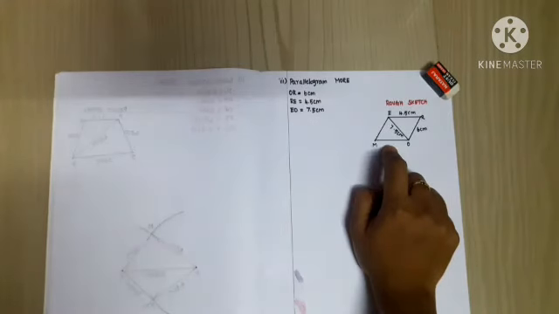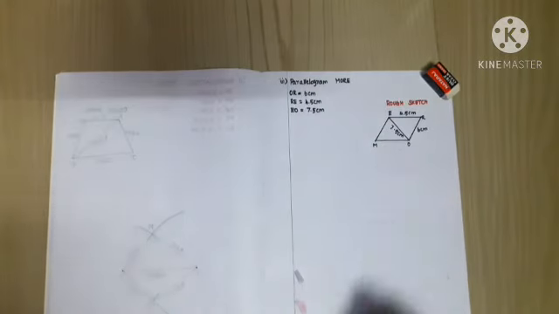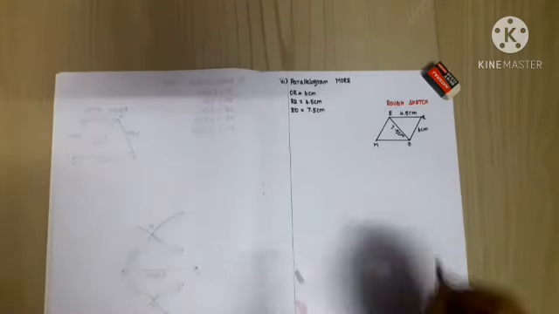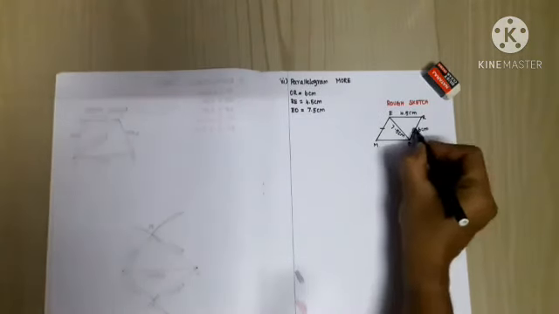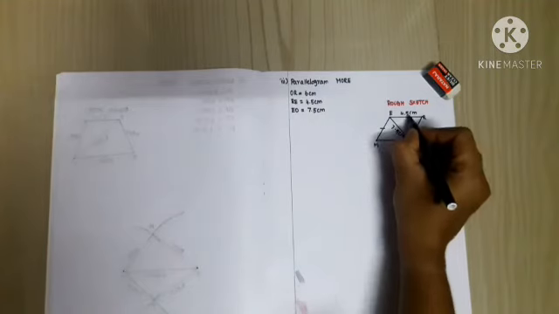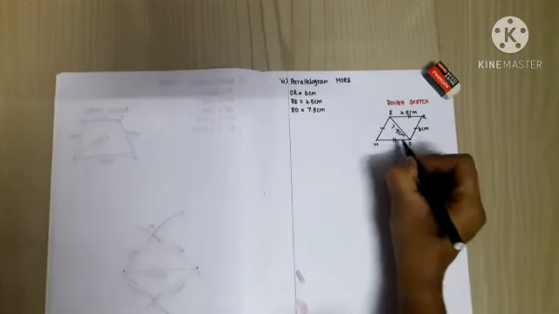Yes, so we know one property. What is the property? For a parallelogram, the opposite sides are parallel and equal, so this side and this side should be equal, and this side and this side should be equal.